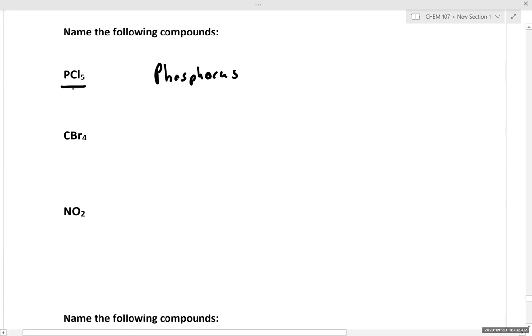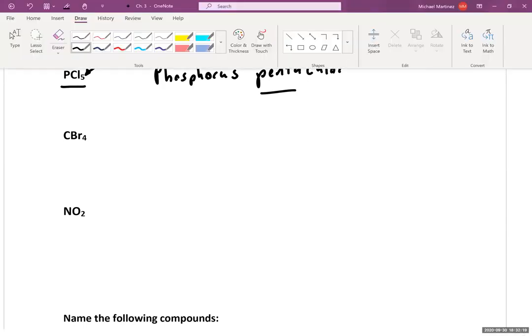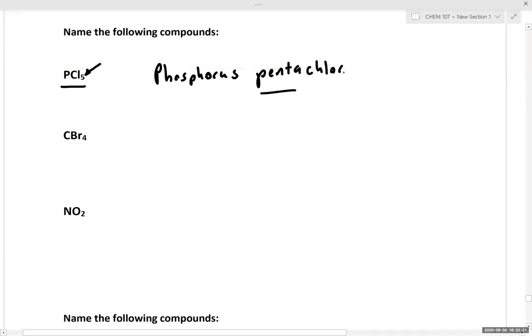Next, we write a prefix for our second element. 5 corresponds to the prefix of penta. Chlorine, we write the stem of chlor and then we change our ending to IDE. So PCl5 would be phosphorus pentachloride.